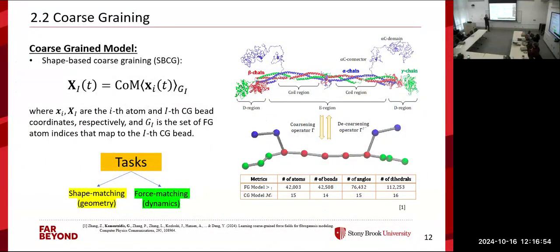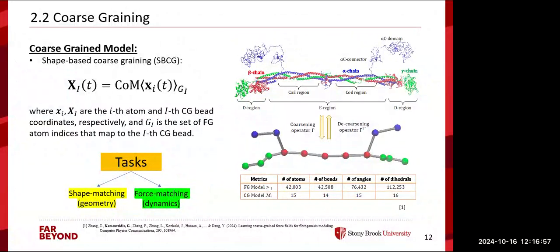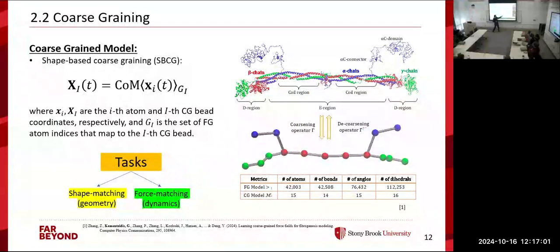We're grouping atoms together that are close to each other, but at the same time, we want to preserve the topology of the initial molecule, like the bonds, dihedrals, and so on. So using a shape-based coarsening algorithm, we can reduce a 42,000 atom protein to about 15 beads. This is very ambitious, but for the purpose of studying fiber assembly, probably our only way.